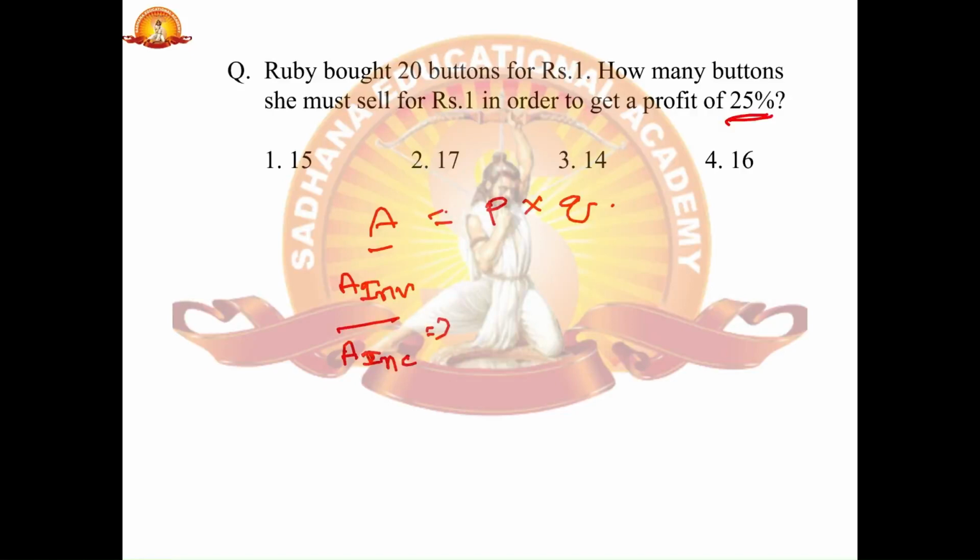So amount in case of investment is 1 rupee and amount in case of income is also 1 rupee, equal to price. Price in case of investment is supposed as 100x, and while selling I am taking 25% extra, therefore selling price is 125x, into quantity. In case of purchase it is 20 buttons, and quantity in case of sales is how many buttons that I have to find.